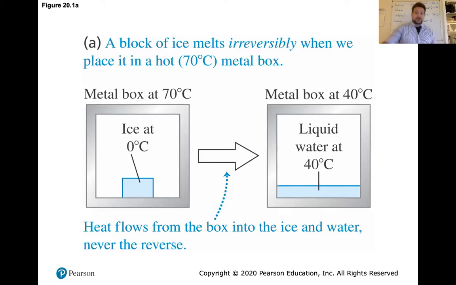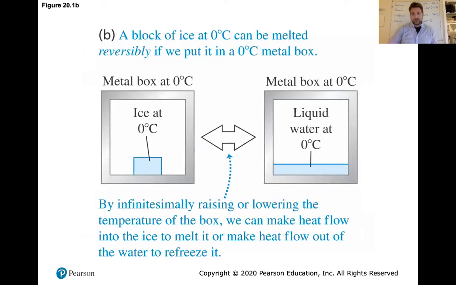Contrast this process with this process. Suppose we start with a metal box and ice all at 0. If we add a little bit of heat, if we change the temperature of the box by some tiny calculus-sized amount, we can nudge some of the ice into melting without changing its temperature.